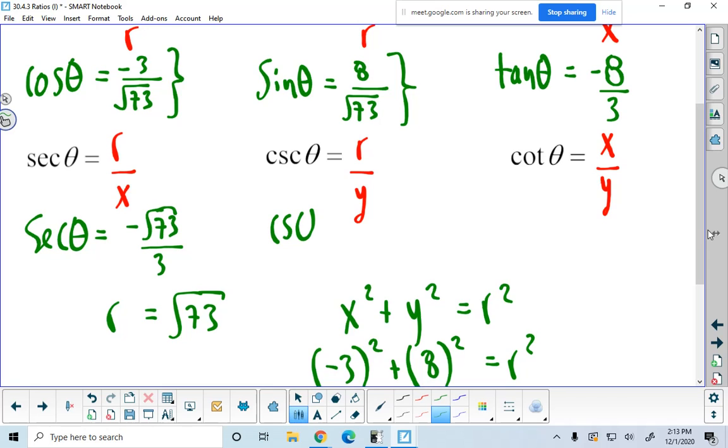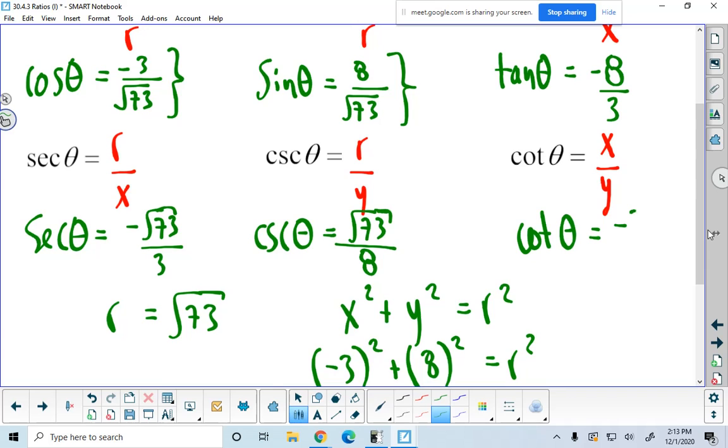Cosecant of theta would be root 73 over 8. Cotangent theta would be -3 over 8.